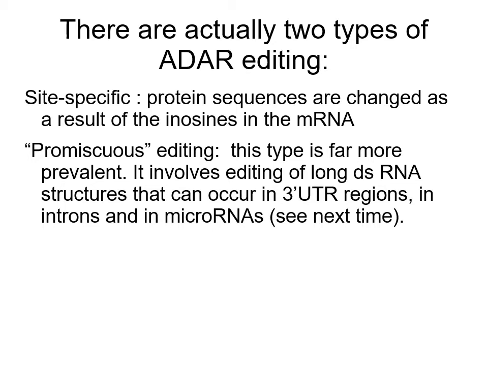The other type is called promiscuous editing, which is actually far more prevalent and involves, again, long double-stranded substrates, but they occur not in protein coding regions, but either in introns or in 3' untranslated regions of RNAs. We'll see more about that on a later day.